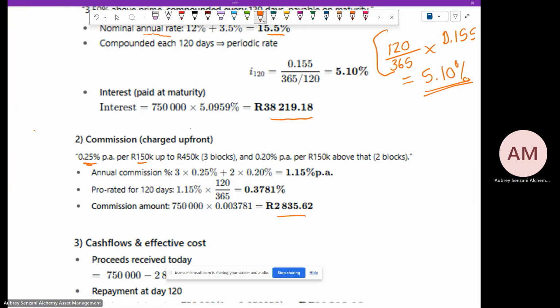So now you see we've apportioned. Remember, this is the percentage we got for the 750 when we added up. Here you can see they just said times 0.25 and then times 2 on the 0.20, because we had two amounts of 150 above the 450 total.